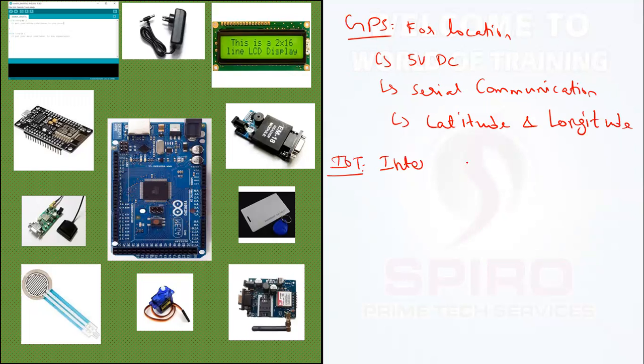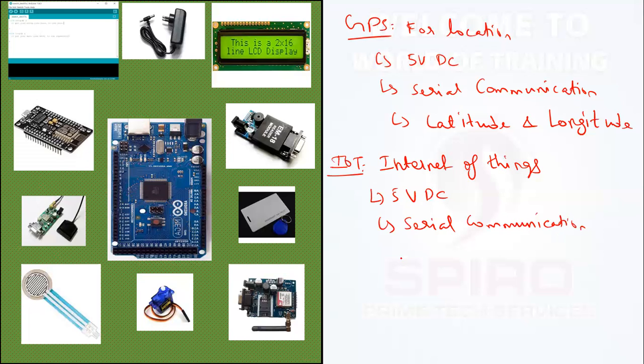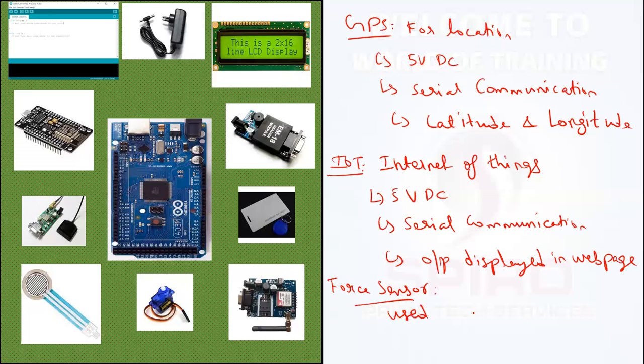In the IoT web page, we can check the theft vehicle with the location. It is 5 volt DC serial communication. Output is displayed in the web page. Force sensor is used to measure the weight of the vehicle.